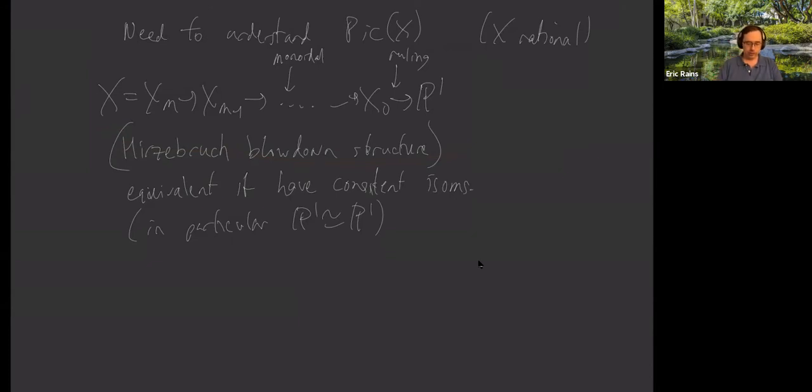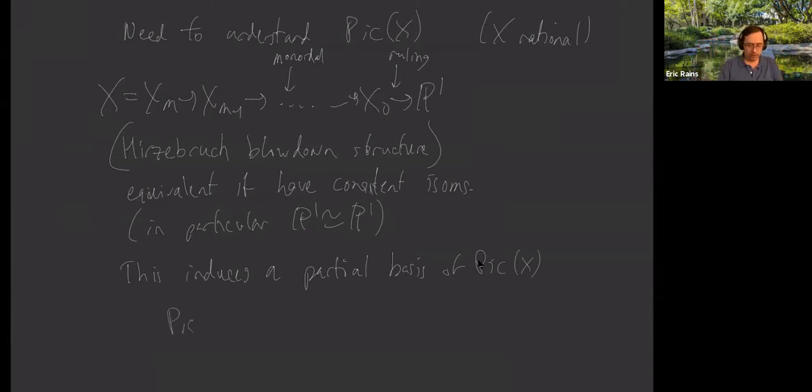Okay, so this is a blowdown structure, and this induces a partial basis. Well, in fact, a full basis, but let me first say it induces a partial basis of the Picard group of X, because blowing up a point always just adds a copy of Z to the Picard group.